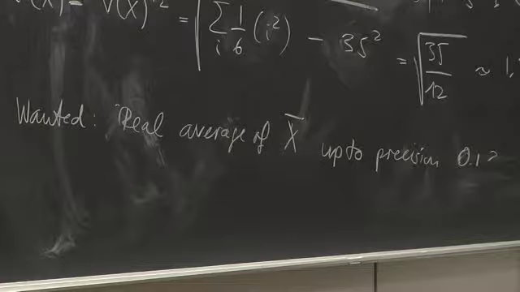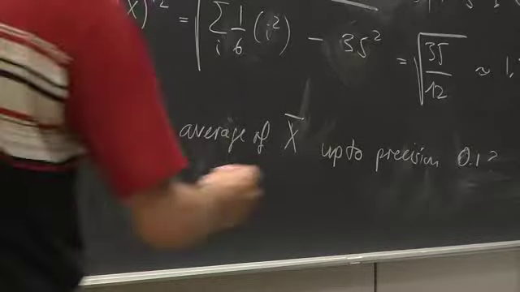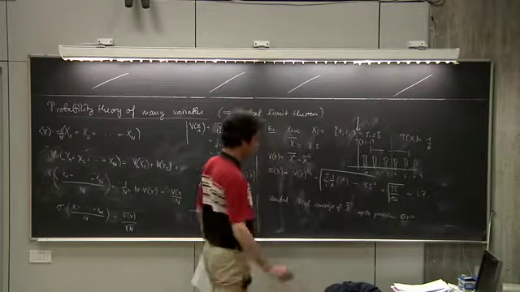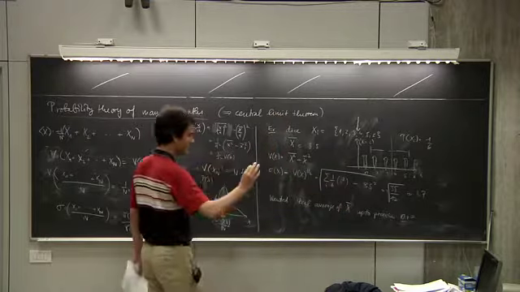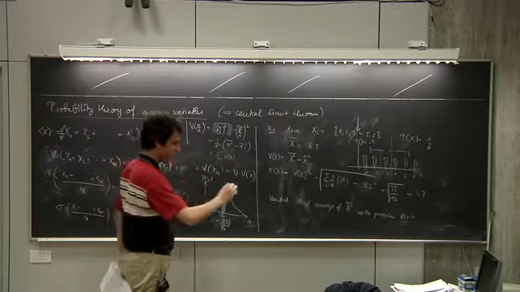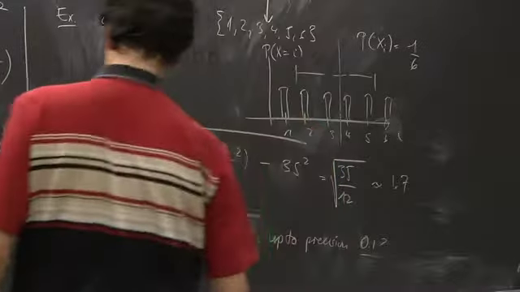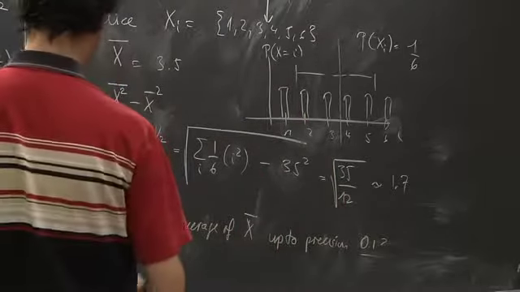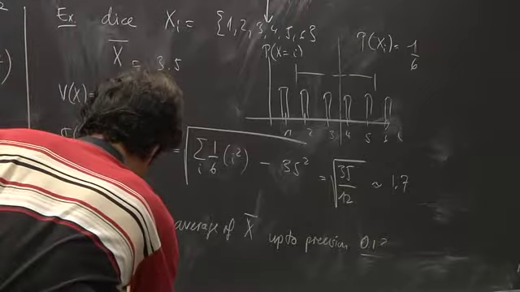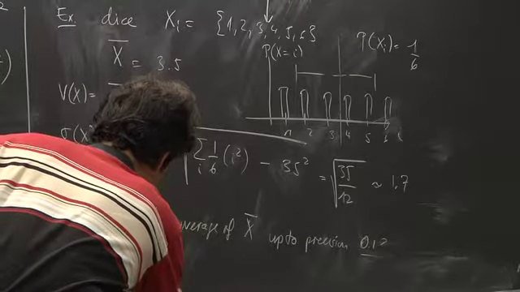No, but now let's be a bit more precise. What does it mean, precision 0.1? I want that I know this x bar up to fluctuations which are of this order. So I want that the sigma of this x bar is roughly of the order of 0.1.